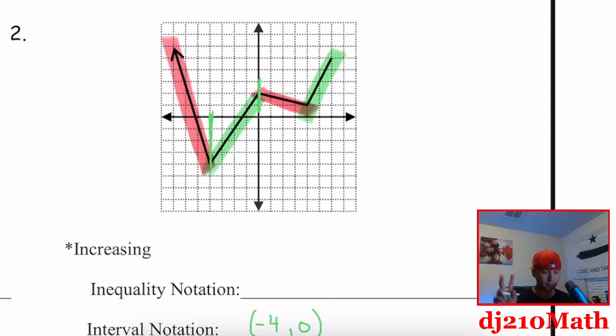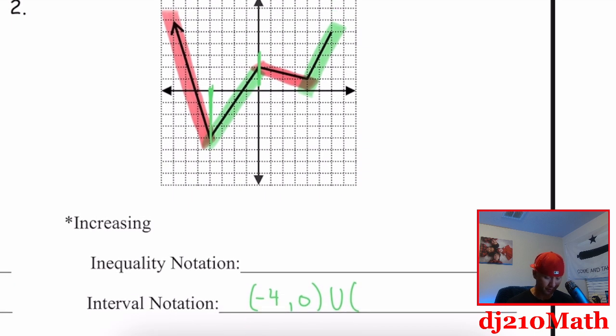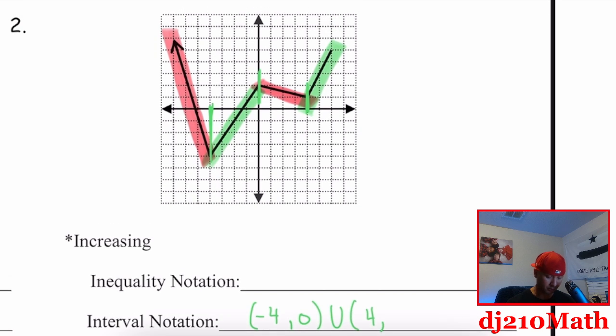But there are 2, so we're going to need to union this with another interval. The next uphill journey starts at 1, 2, 3, 4, positive 4, and goes to, looks like 6. There's no arrow, no dot, nothing, so it's just implied that it stops at 6. So from negative 4 to 0, union 4 to 6.